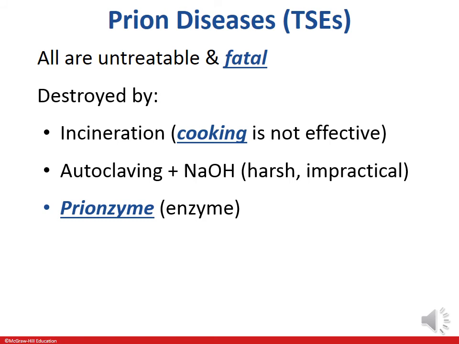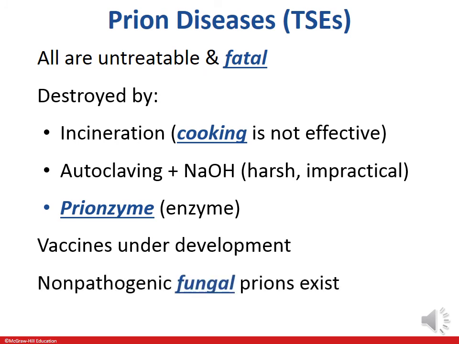So it can help to stem the tide of the problem if they can identify it. Because these things are untreatable, there is a lot of research into trying to find vaccines. It's still a very rare disease, but knowing that it's untreatable and fatal, there's some research that goes into it.